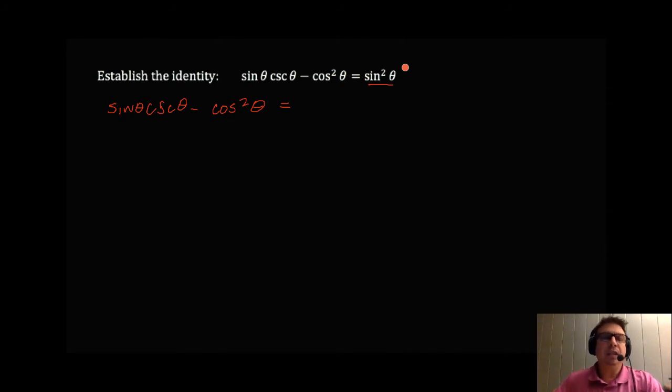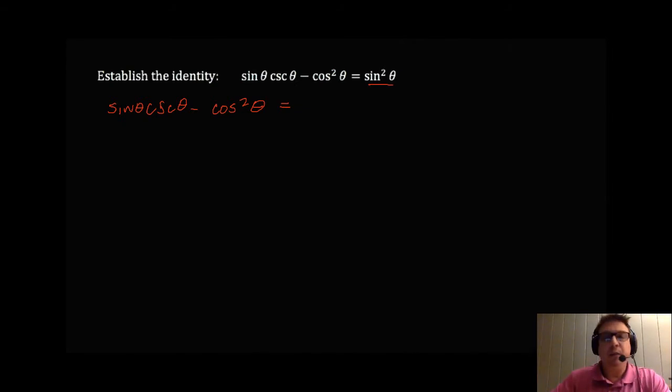So if I look at the left-hand side right now, I know that cosecant is nothing more than 1 over sine. So I'm going to change these using all of the identities I already know: the reciprocal identities, quotient identities, Pythagorean identities. I'm going to use those to substitute other expressions on the left-hand side.